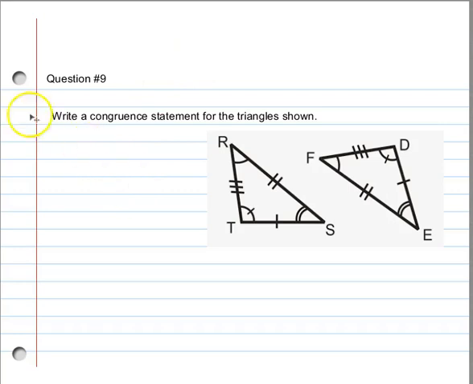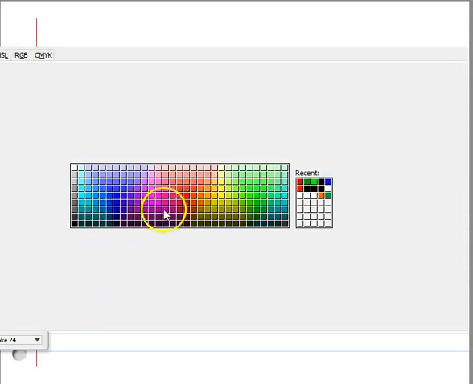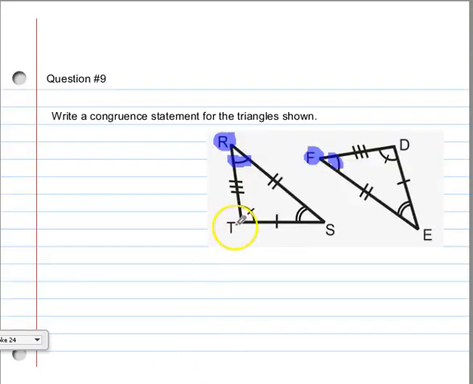Question number 9 is simply writing a congruent statement. Which parts correspond with which parts? For instance, R corresponds with F. We can tell by the simple one-arc tick mark. T corresponds with D. Why? Because of the one arc tick mark.